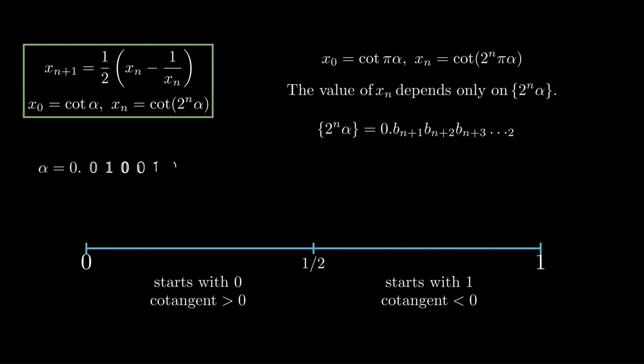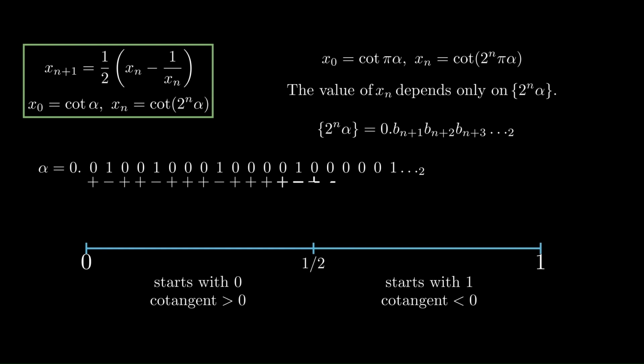These binary digits also explain that strange behavior of the sequence with starting value around 0.81. Now it turns out that this value of alpha is 0.01, 001, 0001, and so on. And that's exactly how we get this weird sequence of pluses and minuses.